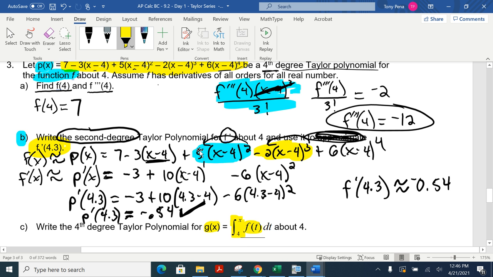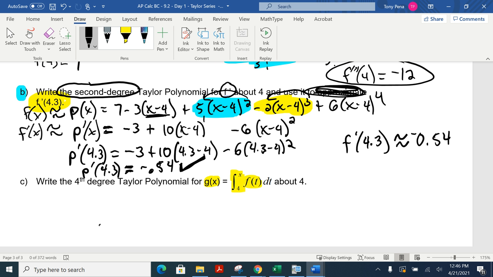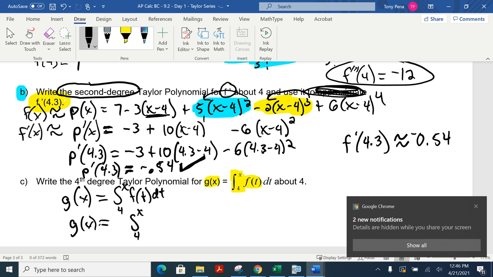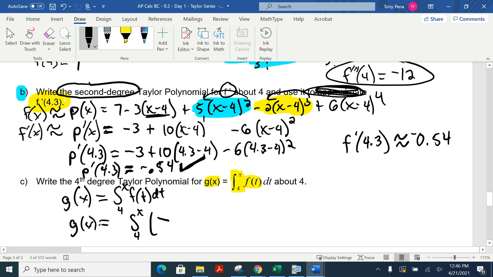So to set up g of x, it is the integral from 4 to x of f of t. So you're going to do an integral from 4 to x. And then we are, for the most part, copying that function at the top.